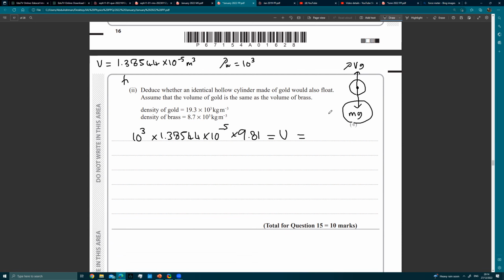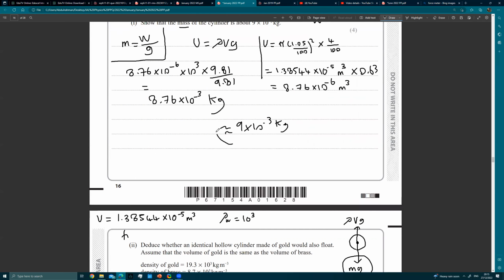Well, to work out the weight, we need the mass. It's not giving me the mass of the gold, but it's giving me the density of the gold and the density of the brass. What you need to know is mass is equal to density times volume. Therefore, because the volume is constant, we can deduce that mass is proportional to density, meaning if the density doubles, the mass doubles.